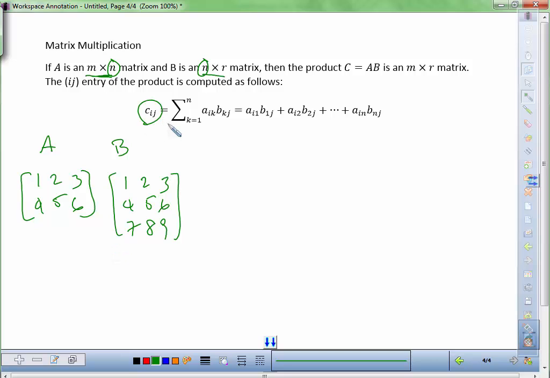Now, your output matrix is going to be a matrix C. And it says here the ijth element for C has to be a sum of a bunch of products. So let's pick a C value that we're going to come up with, and let's assign an ij value for that. So what am I going to have in my C slot 2, 3?